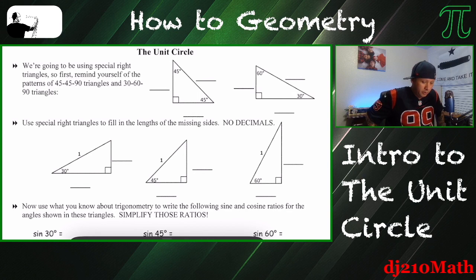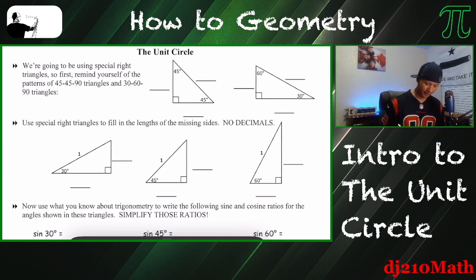All right, so the unit circle. Intro to the unit circle. I think it's best to start with the special right triangle cases. If you recall, the two special right triangle cases are the 45-45-90 triangle and the 30-60-90 triangle.